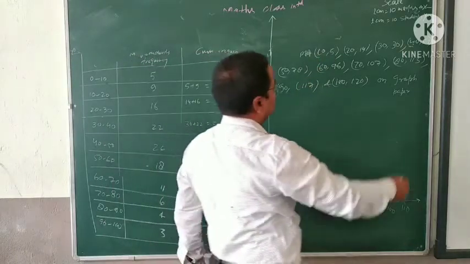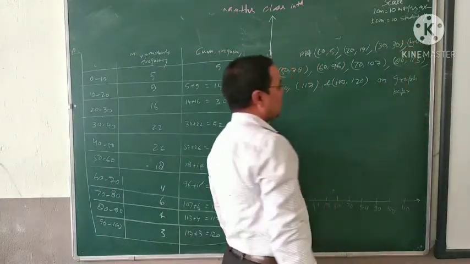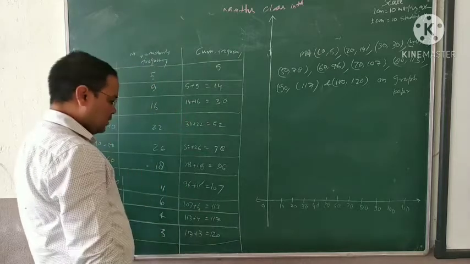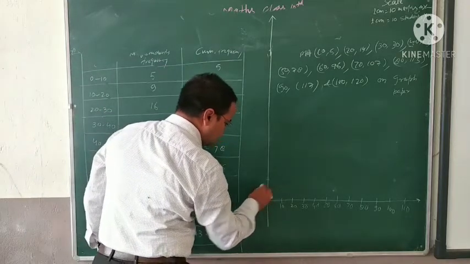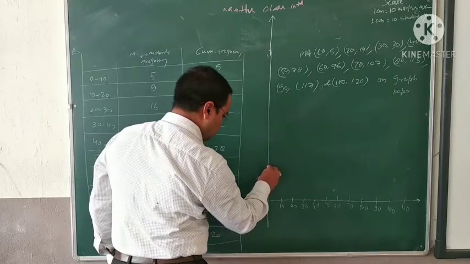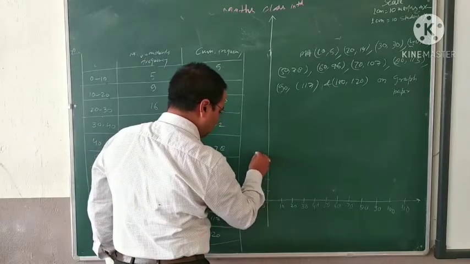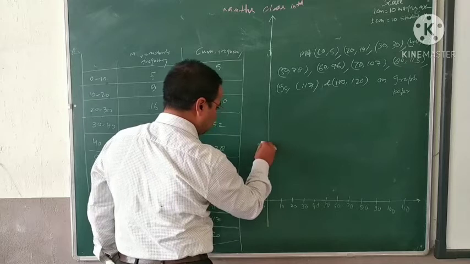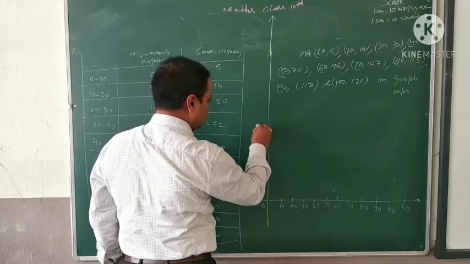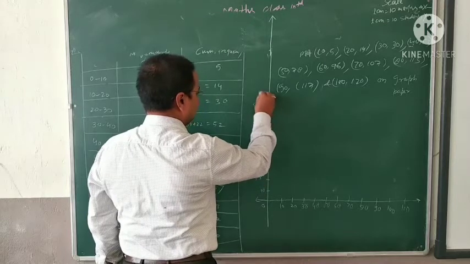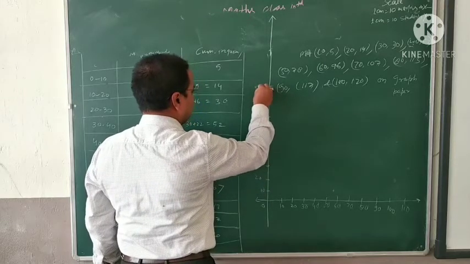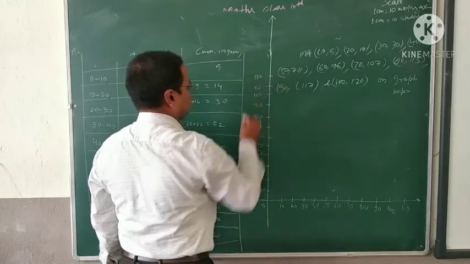On the y-axis 1 centimeter is equal to 10, so we write 10, 20, 30, 40, 50, 60, 70, 80, 90, 100, 110 and 120.